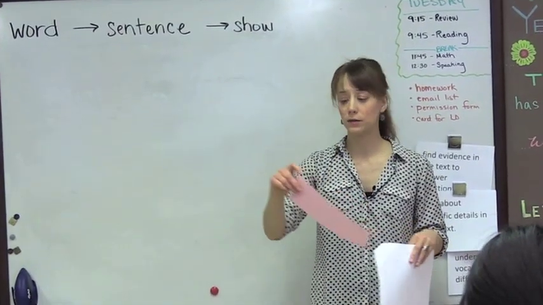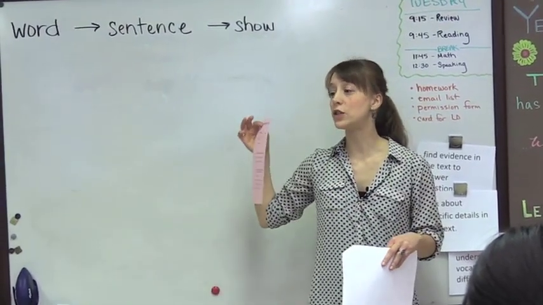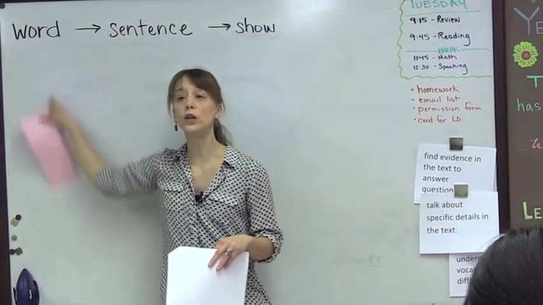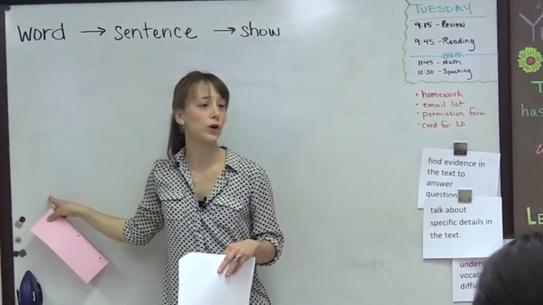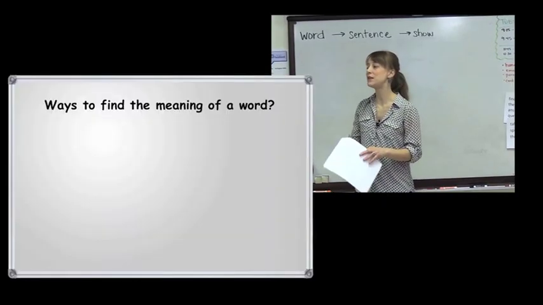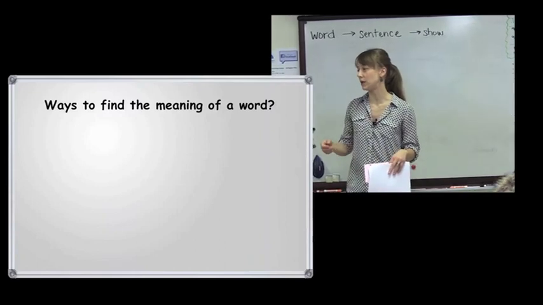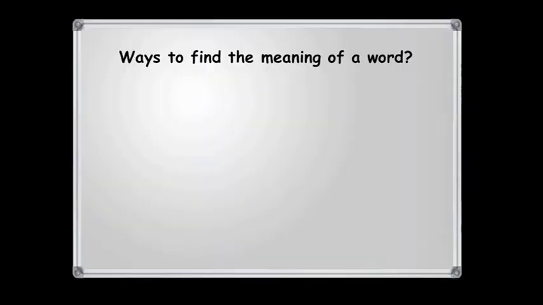Step one is what does the word mean? When we're looking for the meaning of the word, what are some different ways that we can find the meaning of a word? Pani, what's one way we can find the meaning of a new word? We can find a dictionary. Dictionary. I put some dictionaries on the windowsill back there.